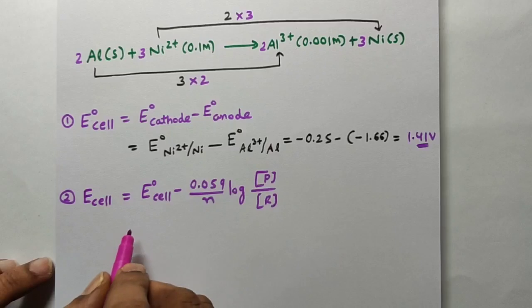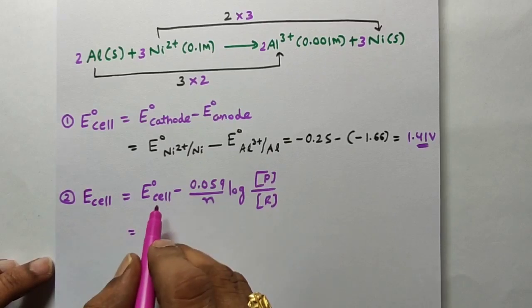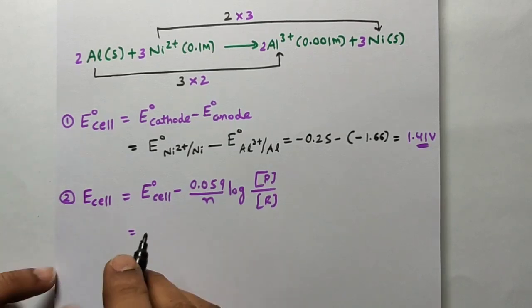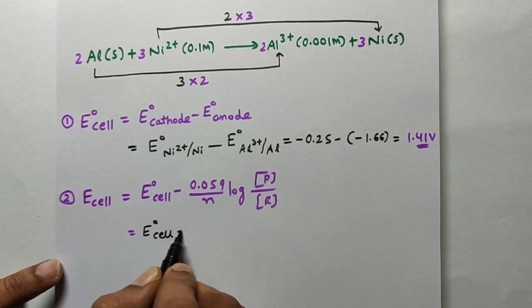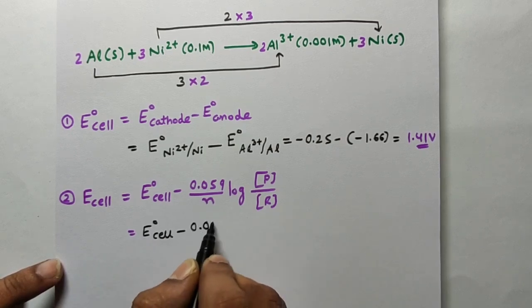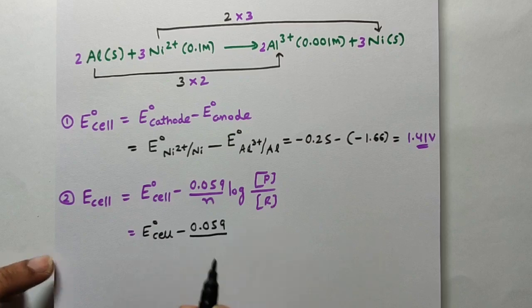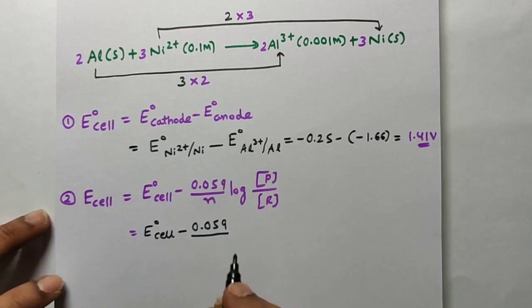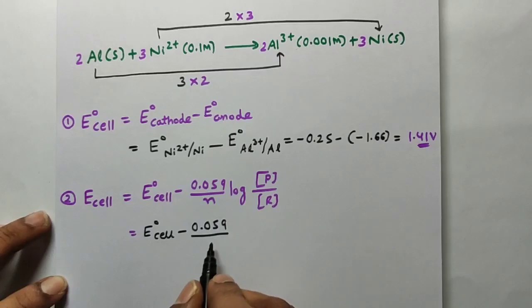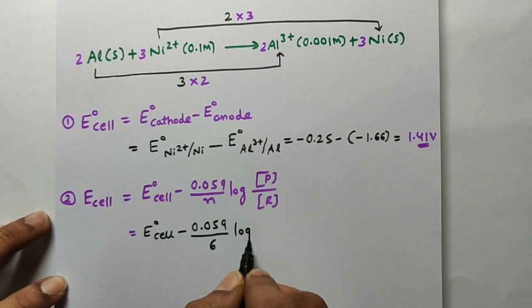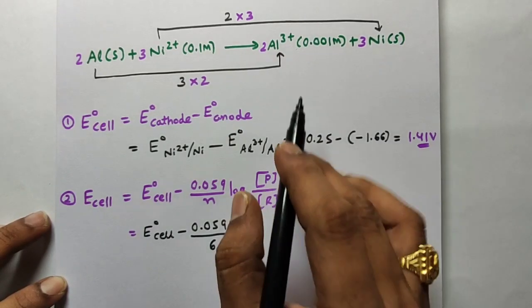So E naught cell minus 0.059 divided by n. What is the n value here? 6 electrons are involved, so 6, log product concentration.